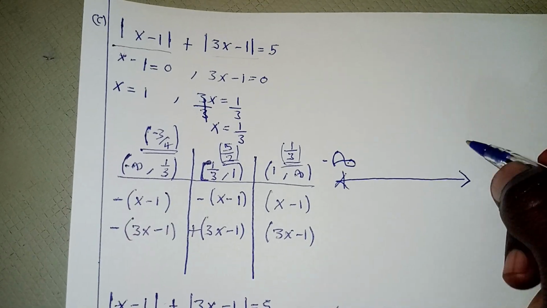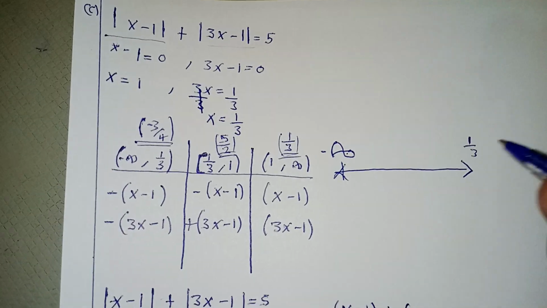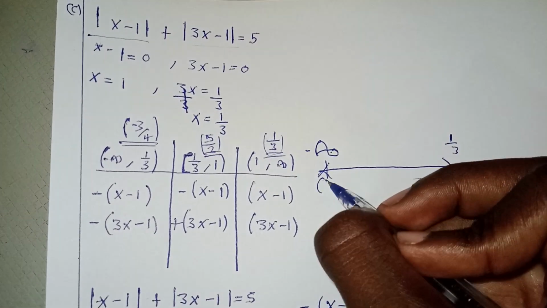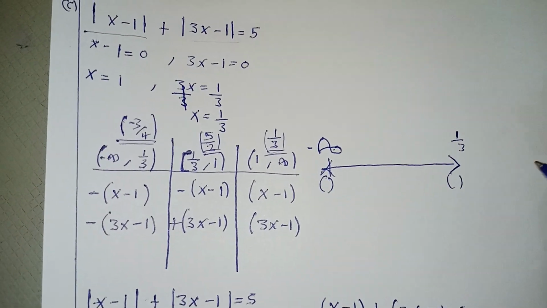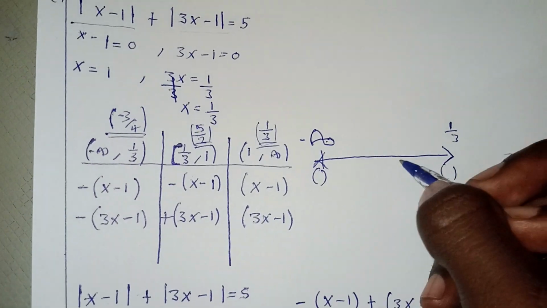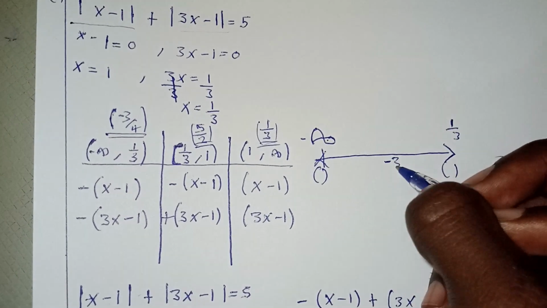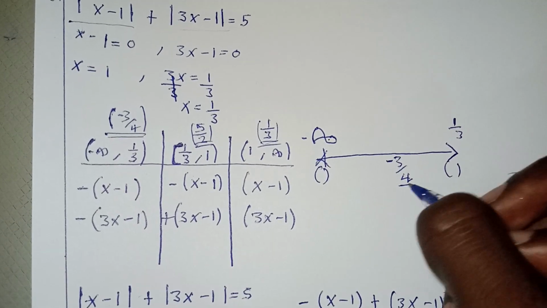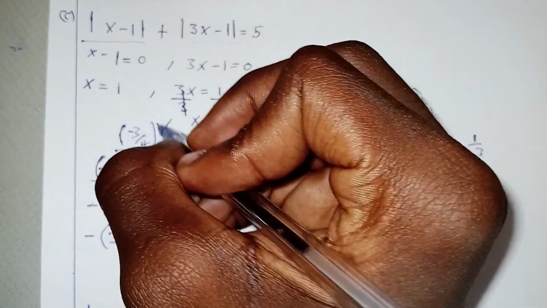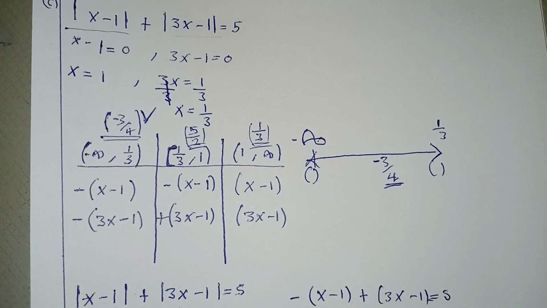Then we do have 1 over 3 here. Now, between this interval here, and this interval here, are we able to find negative 3 over 4? Yes, negative 3 over 4 may just be here. Therefore, what we're simply saying is this is simply amongst the numbers.